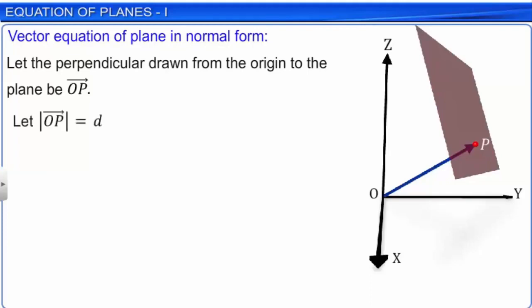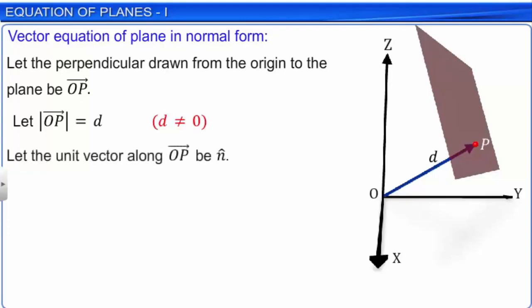Let the perpendicular distance of the plane from the origin, or the magnitude of vector OP, be d. Note that here, the value of d cannot be 0. That is, the plane does not pass through the origin. Let the unit vector in the direction of vector OP be vector n.